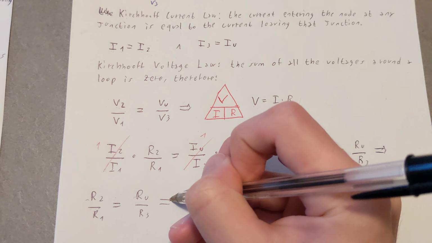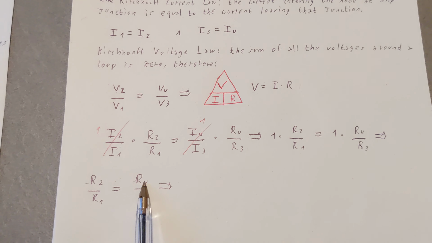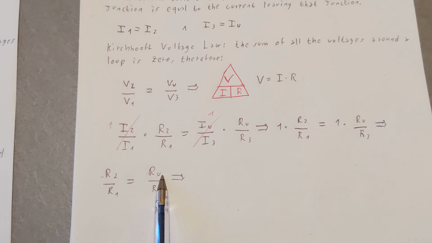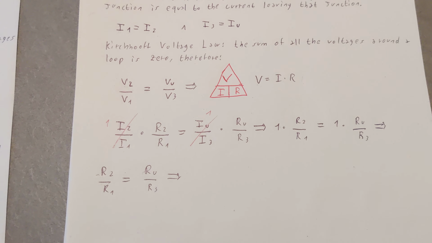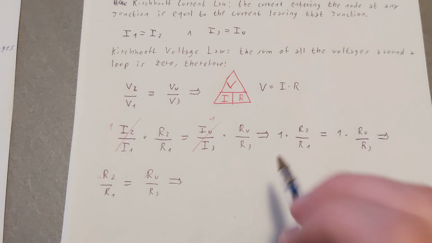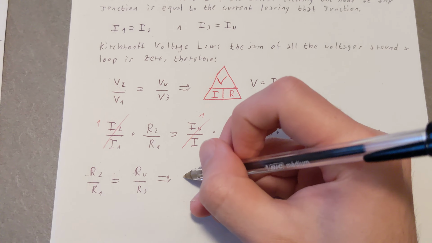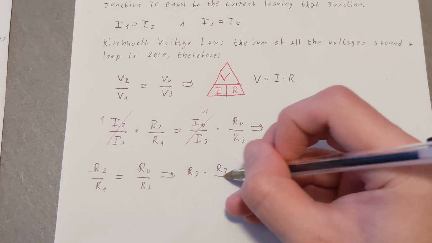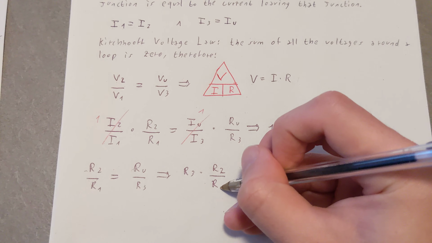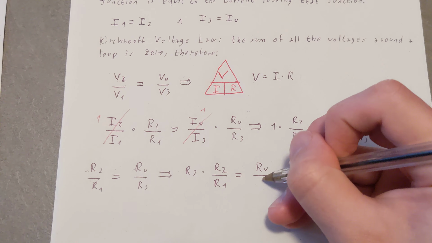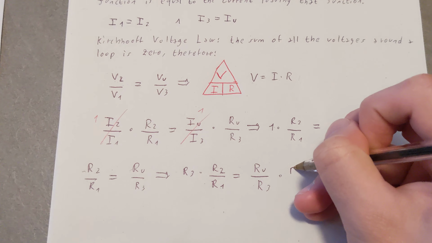And now it's easy because we want to find RU. We can just multiply by R3 on the left and on the right. If we do that, we get R3 times R2 over R1 equal to RU over R3 times R3.